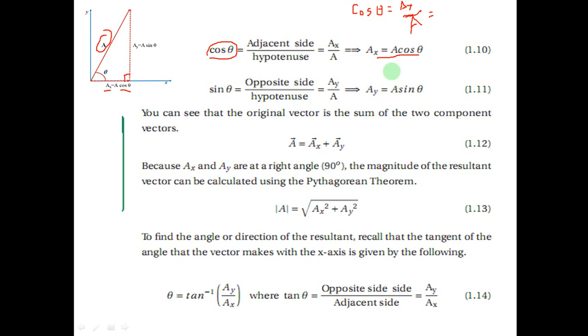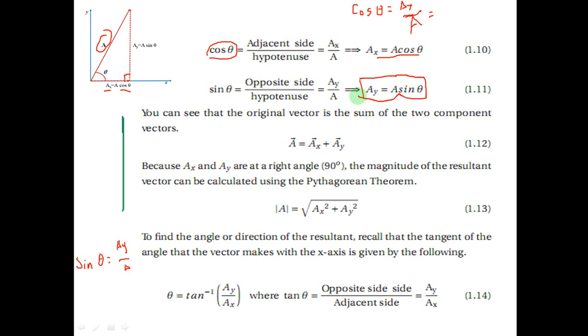So sine theta will be ay over the hypotenuse a. From here, ay will be a sine theta. Ay will be a sine theta.